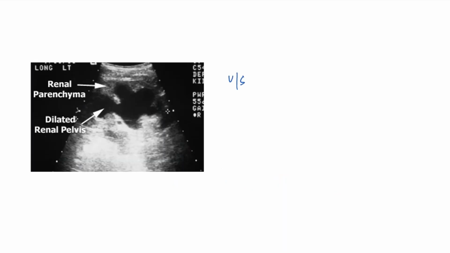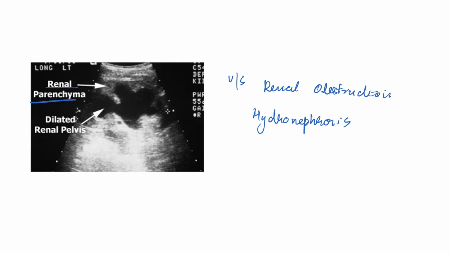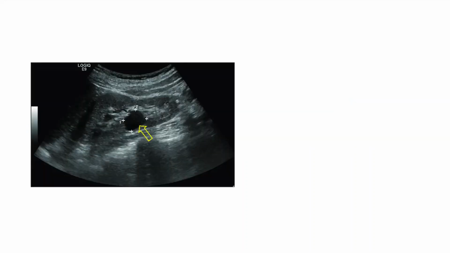This is an ultrasound of renal obstruction leading to hydronephrosis. This is the renal parenchyma, and these are the dilated renal pelvis.